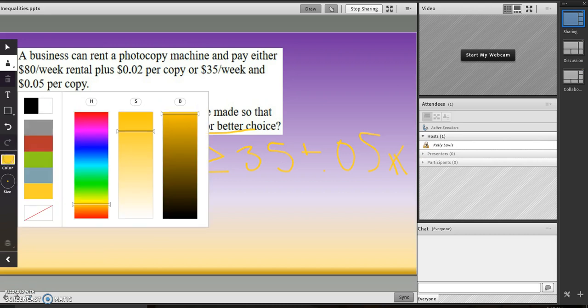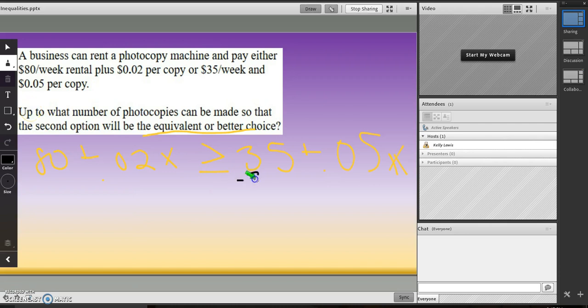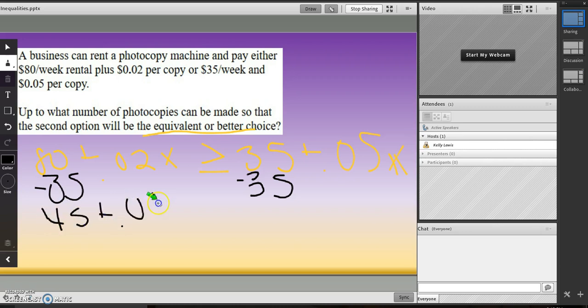And we solve this. So let's subtract. I'll just subtract this 35. So I get 45 plus 0.02x less than or equal to 0.05x. And then I'm going to do 0.05 minus 0.02.